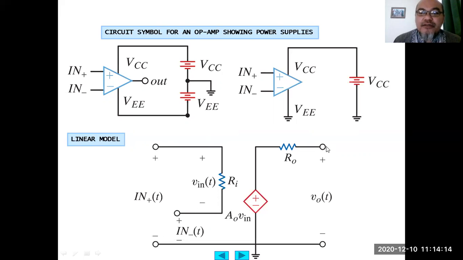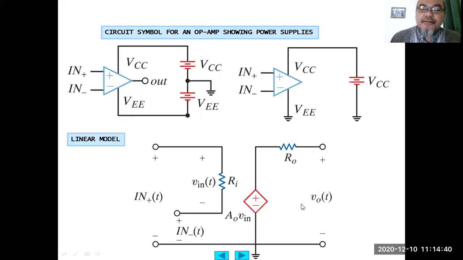So the output comes out from here. This output terminal has an output voltage Vout relative to the ground or relative to the reference node. Between the output terminal and the dependent voltage source, there is an output impedance or output resistance Ro.